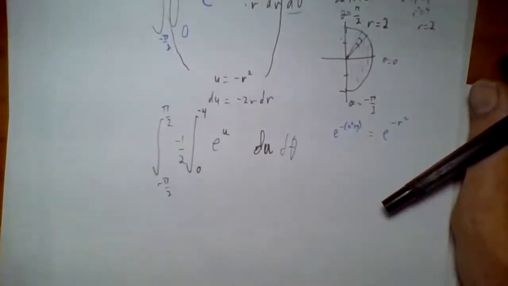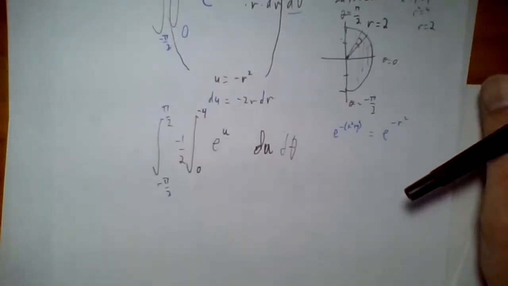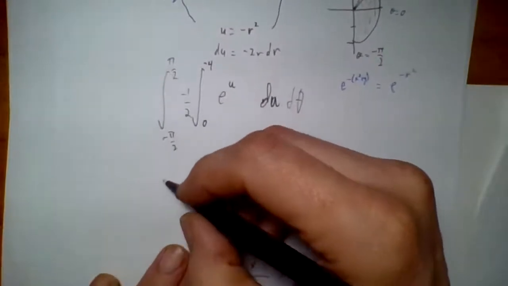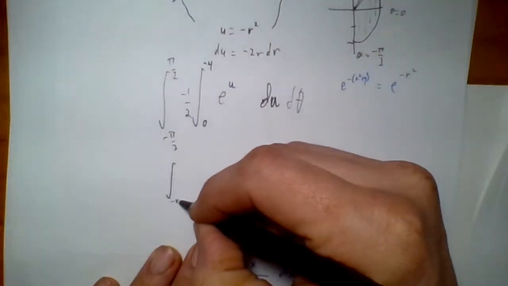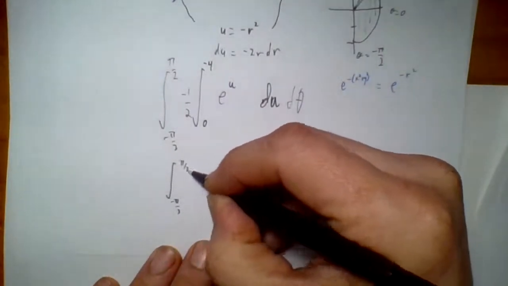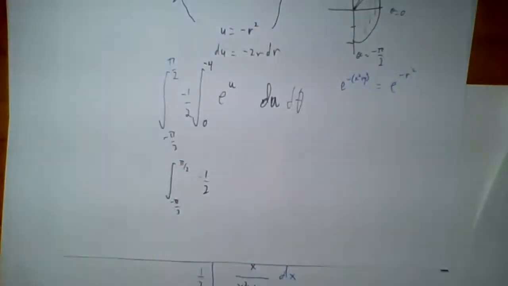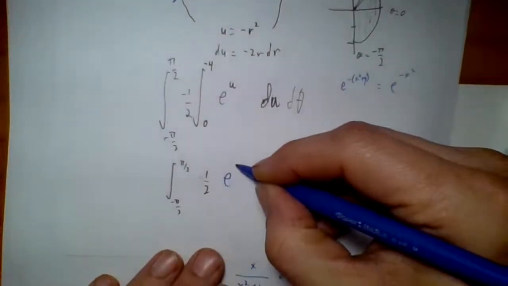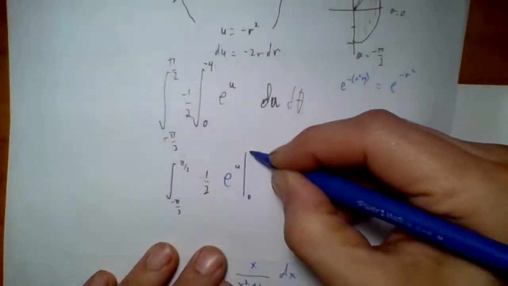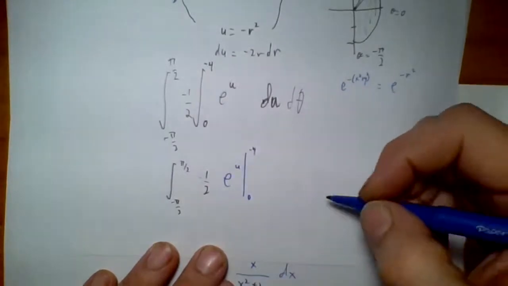Now that's an easy antiderivative. Antiderivative of e to the u is just e to the u. So I'll have negative 1/2 still. Antiderivative is just e to the u. Evaluate that from 0 to negative 4.